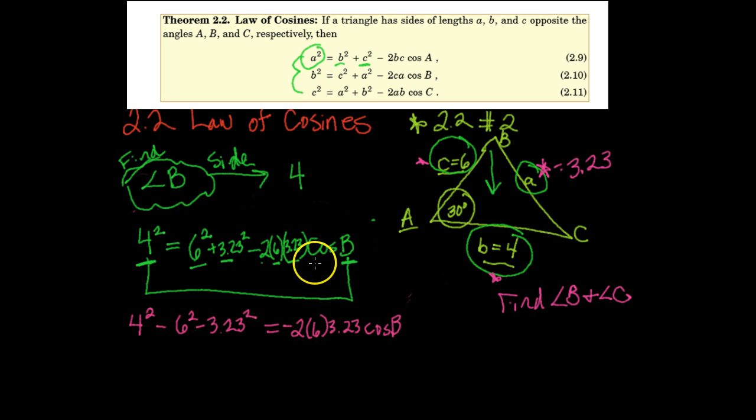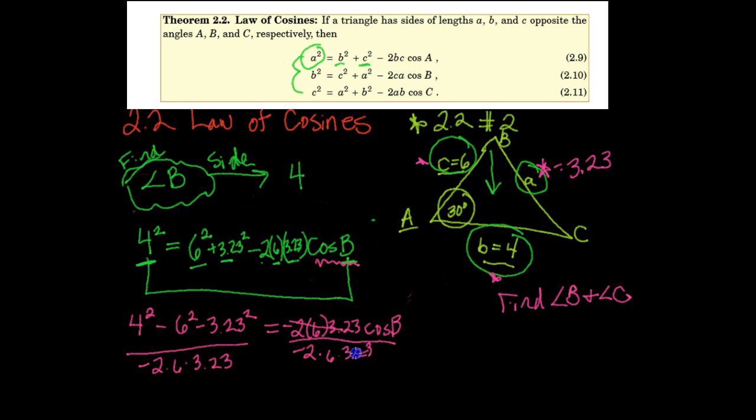So remember, we're trying to get cosine B by itself and then we can apply the inverse. So now I'm going to divide both sides by this stuff. So negative 2 times 6 times 3.23. And then over here, negative 2 times 6 times 3.23.